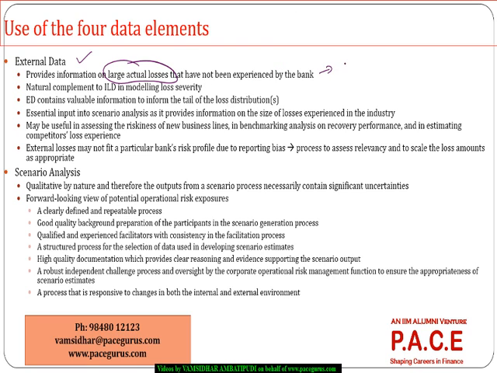So the data set could be slightly larger compared to that of internal loss data. And because the loss data of this particular bank is not displayed, it is only increasing the data set. So it is a complement to the internal loss data. It's not an overkill with the internal loss data.